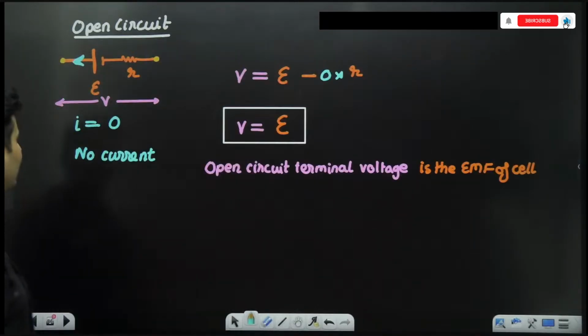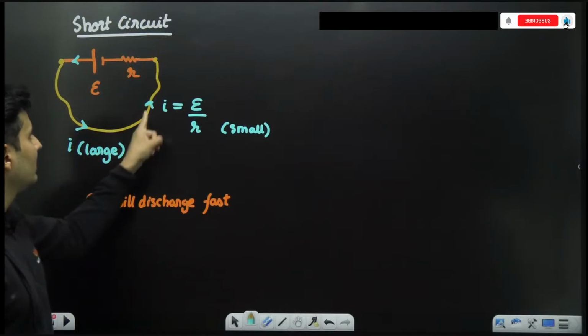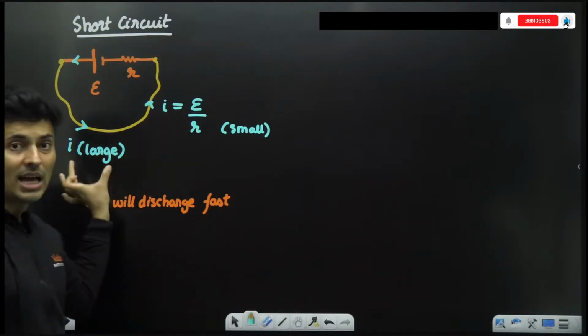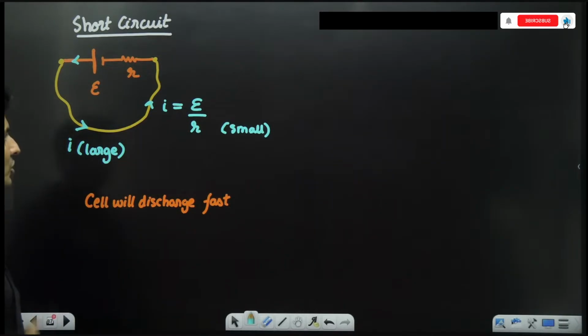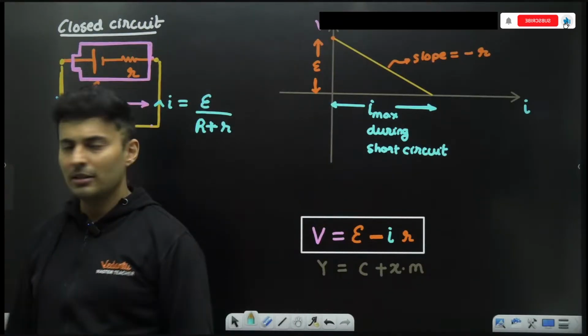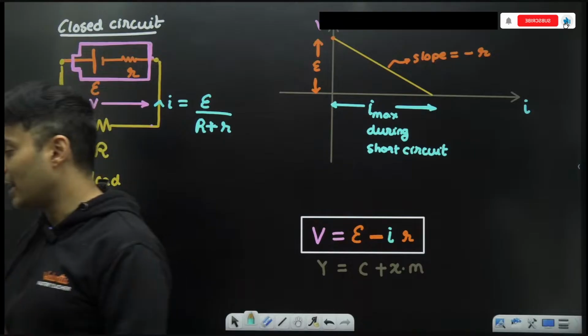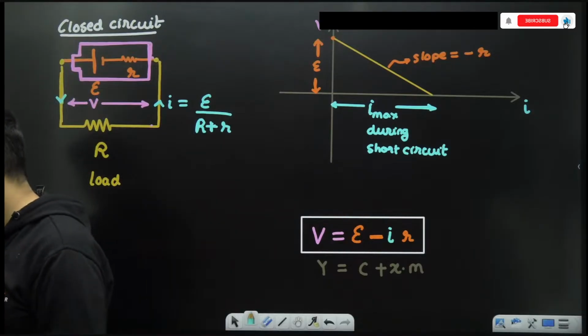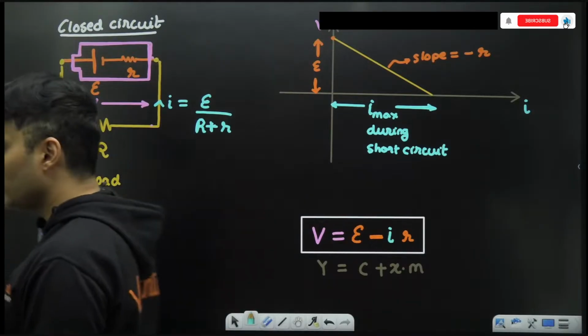So when you short the circuit, this is the maximum, largest current that you can get. That is what this represents. Is this now clear? So this is a very important graph which can actually come. Perfect. Very, very important.